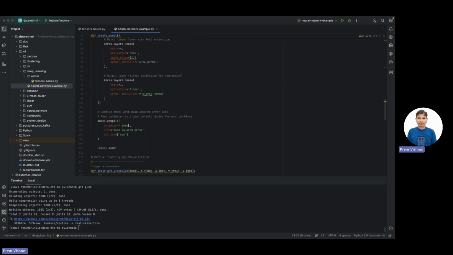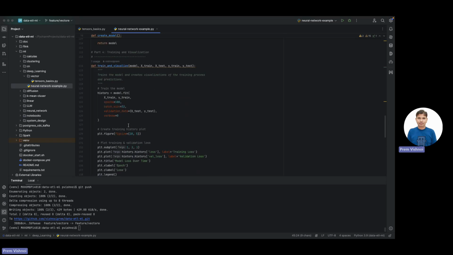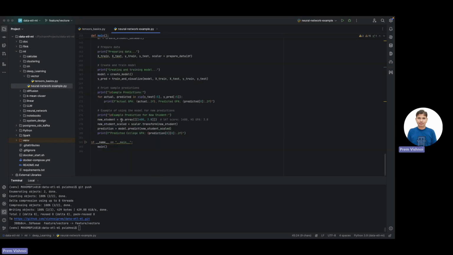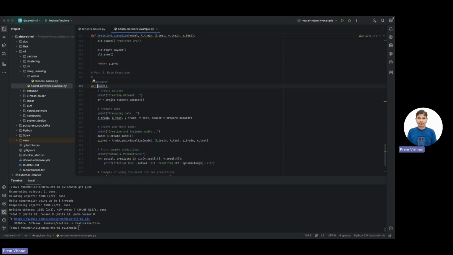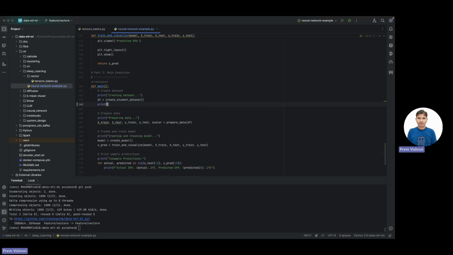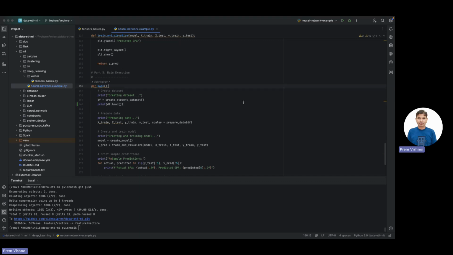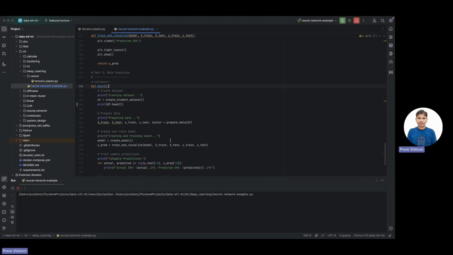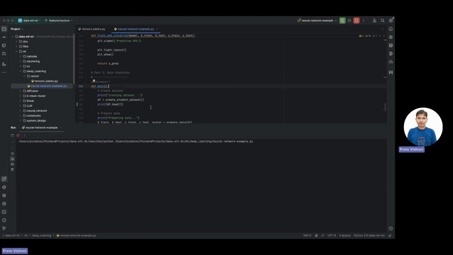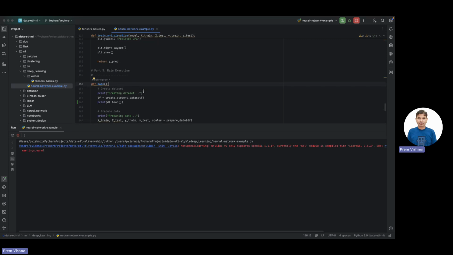If you want to see this data, we can go to main, then df.create dataset, and print the data with df.head. Let's start this program.